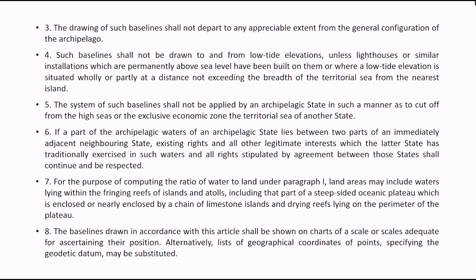The drawing of such baselines shall not depart to any appreciable extent from the general configuration of the archipelago. Let us say there is a group of islands and another island situated 50 nautical miles away from the group, with the same or similar cultural significance or the same sovereignty, the same political leader, the same political party, within the domain of the same archipelagic state.